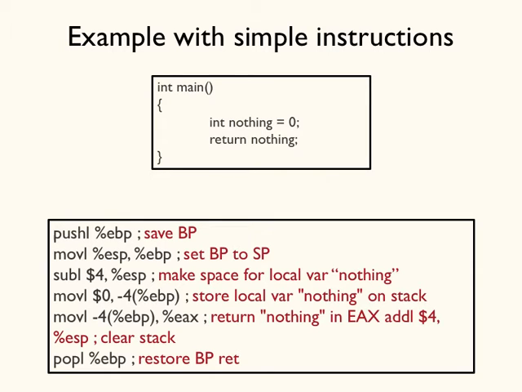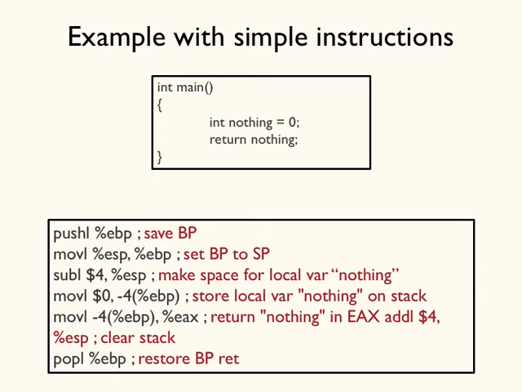But if you are doing security, all these are very important, because buffer overflow and stack overflow attacks utilize vulnerabilities in this part. The second instruction is to move ESP to EBP.